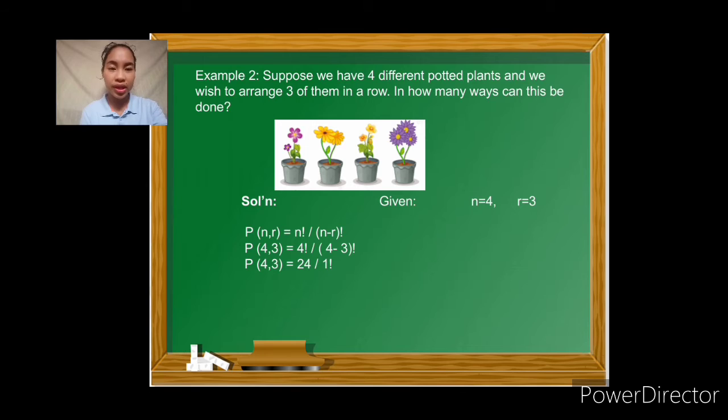So 1 factorial is equal to 1. Permutation of 4 objects taken 3 at a time is equal to 24 divided by 1, which is 24. So there are 24 ways of arranging the 4 different potted plants 3 at a time.